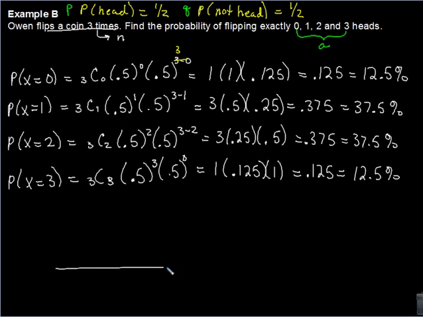And if we look at this data, if I were to graph it, I have 0, 1, 2, 3. And if this was 12.5%, 37.5%, 37.5%, 12.5%, what do I have? I have a normal distribution.